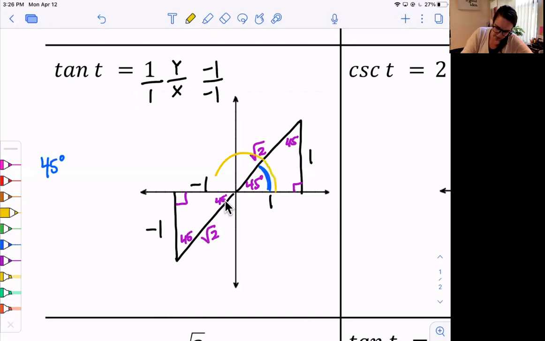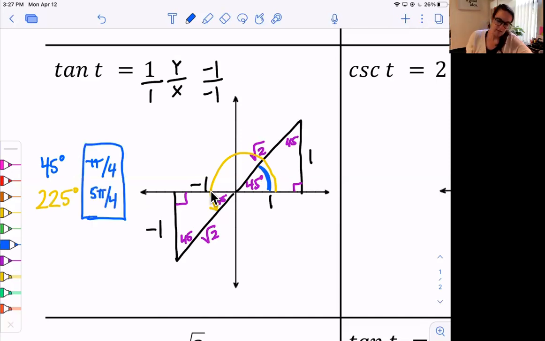To go all the way around, that would be 180, and then another 45 degrees would be 225 degrees, like that. I know that this is pi over 4, a fourth of the way, so pi over 4. I can either convert, or I can know that this would be pi over 4, 2 pi over 4, 3 pi over 4, 4 pi over 4, and then 5 pi over 4. These are my 2 angles.